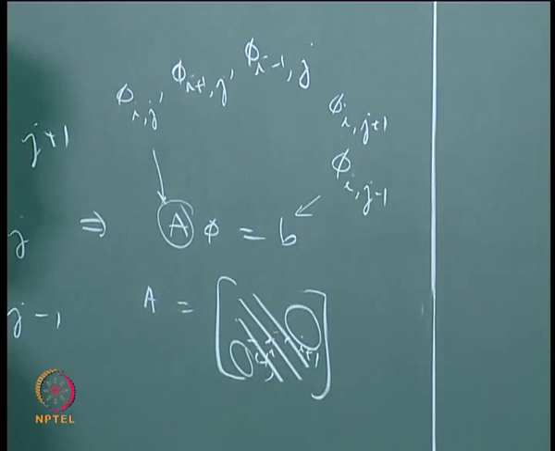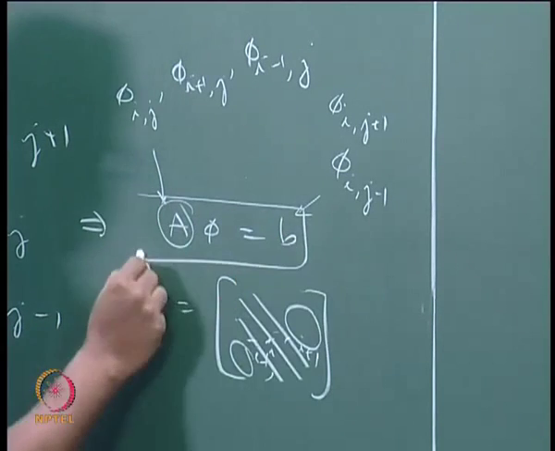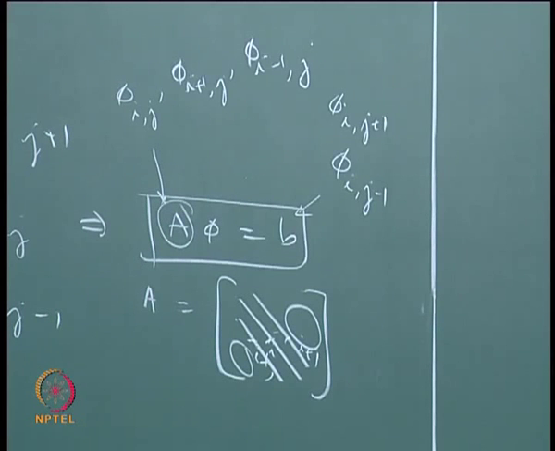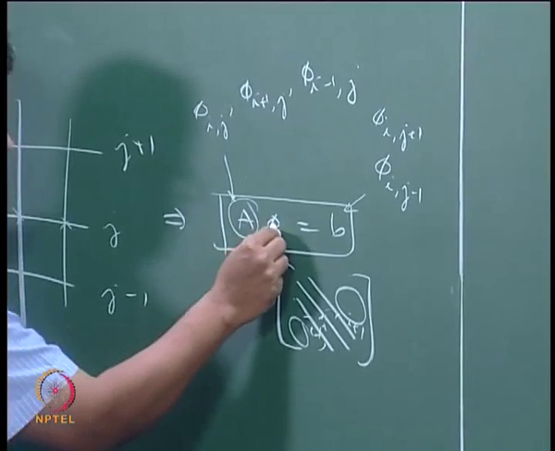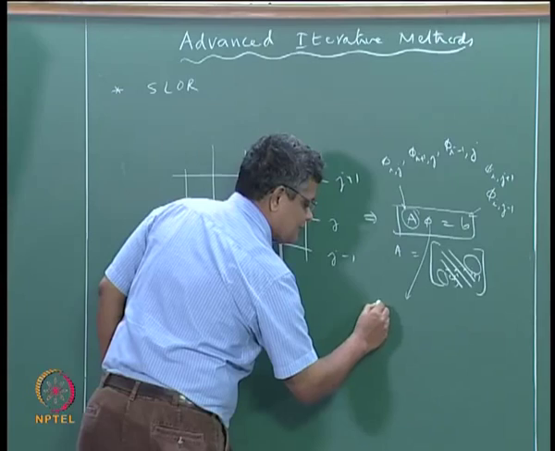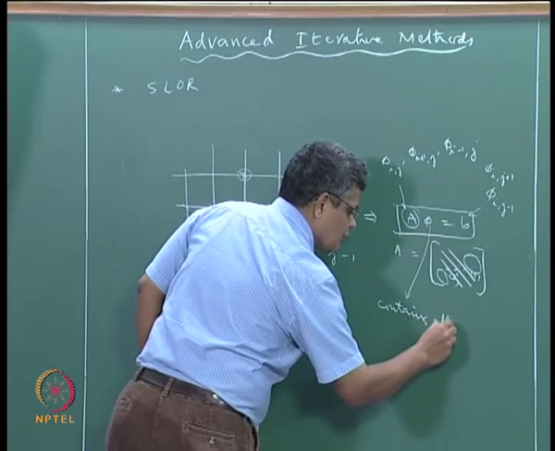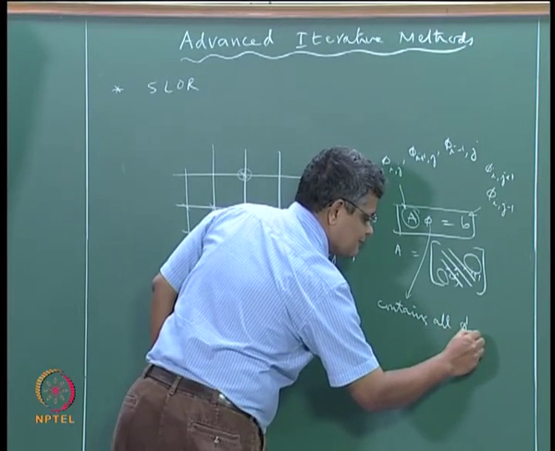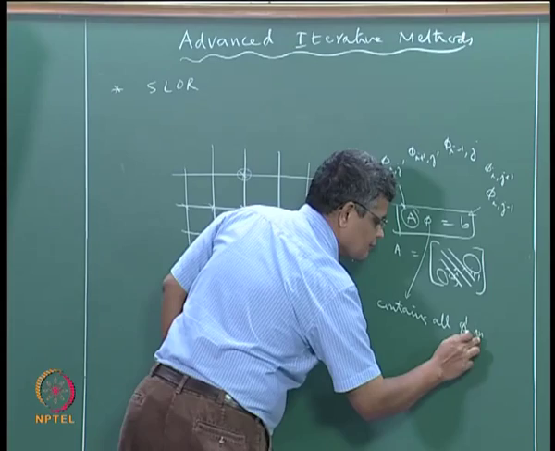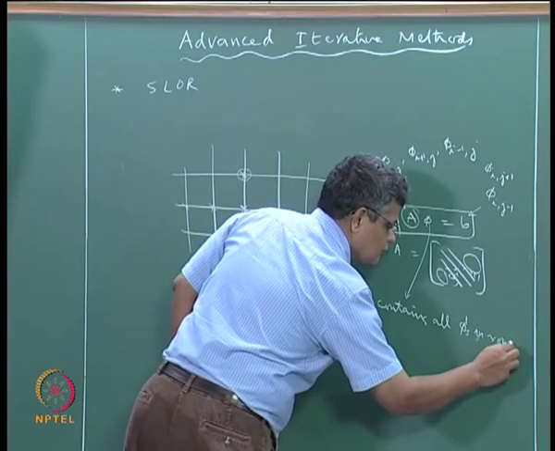So those are the 3 diagonals, adjacent diagonals including the main diagonal which is coming here. So this becomes a tridiagonal equation for all the values in the jth row. So this phi here contains all phi's in row j.